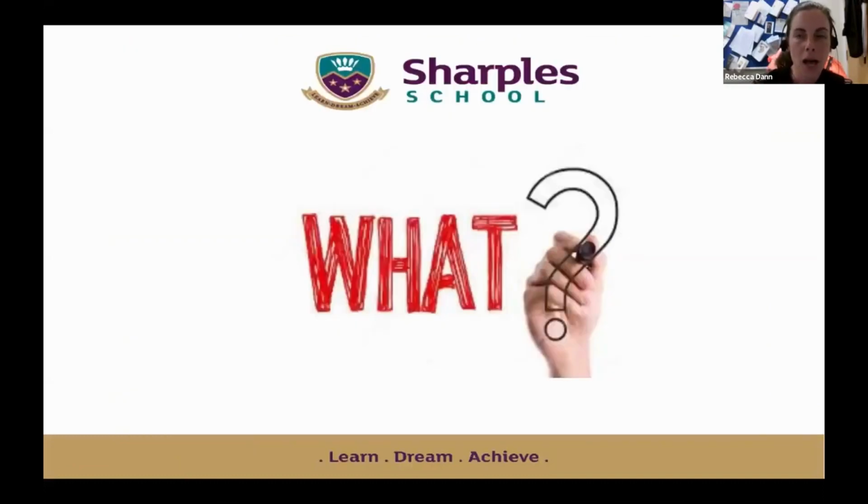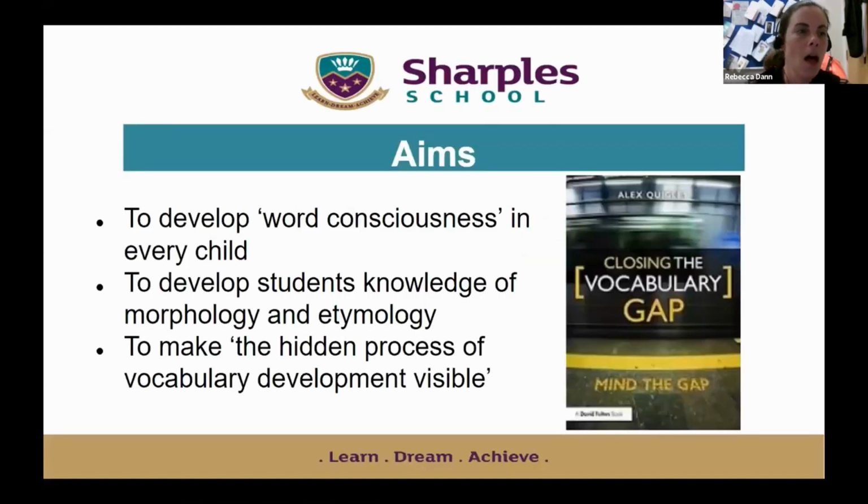So what did we do? So this is part of my first year with the Words for All group. I decided to focus on morphology and etymology, particularly in vocabulary instruction. So my aims were to develop word consciousness in every child, so that they were more curious in exploring vocabulary.